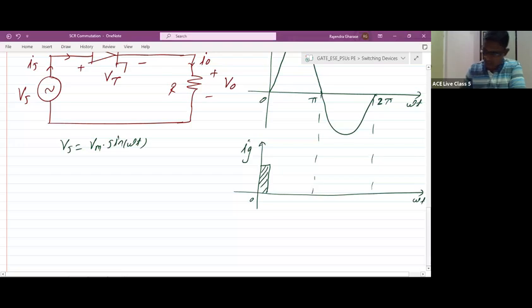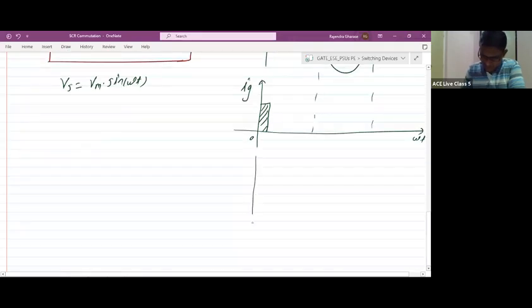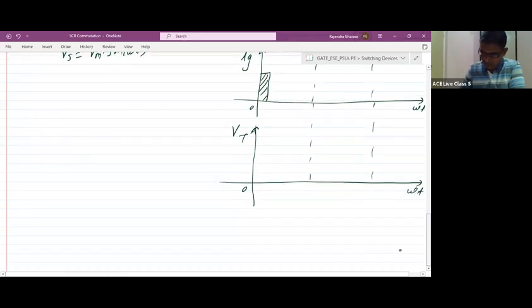So next, suppose the voltage across the thyristor waveform, we are going to draw this waveform, and the current flowing through the thyristor.